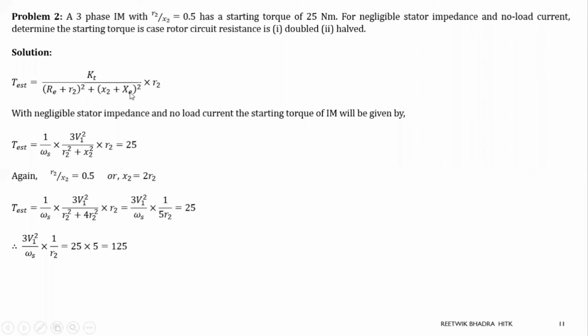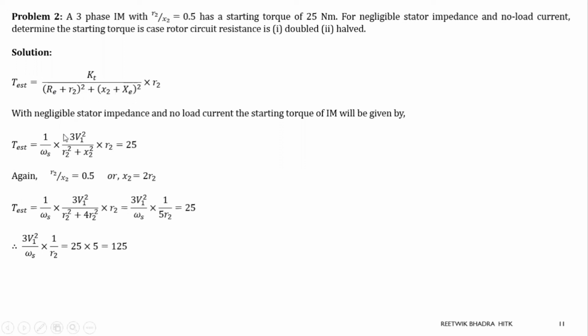XE is dependent on X2 and XM, if you recall your general equations. From the no load current you calculate your XM, and in stator impedance you will have X1. So you can neglect XE because they have said the values of these two, stator impedance and no load current, are negligible. So XE and RE can be neglected and this denominator can be written as R2 square plus X2 square.